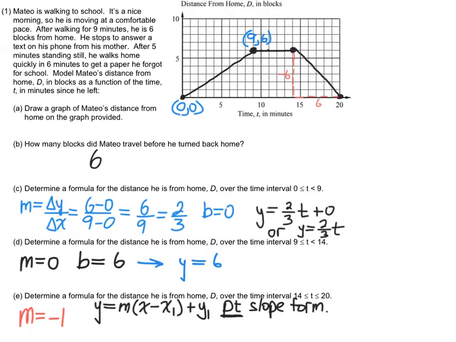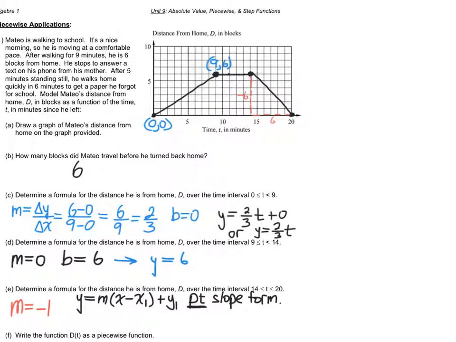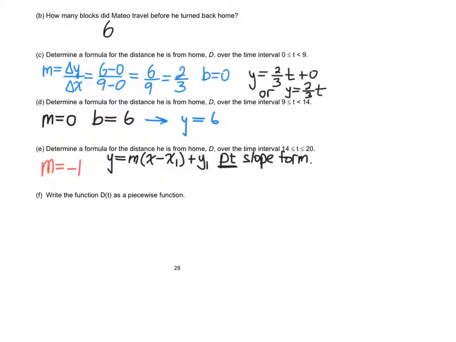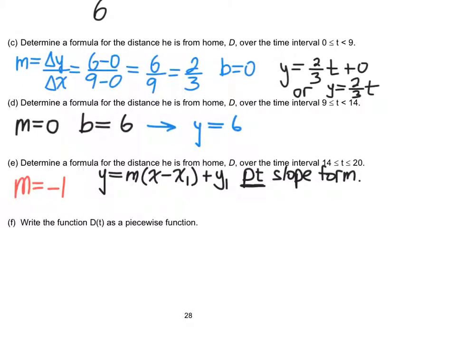All right, so looking at just this part of the graph, just this piece, give me a point that you know is definitely on it. 20, 0. I like that one because it's nice and convenient. All right, so we have a point. I'll make a note, point 20, 0.